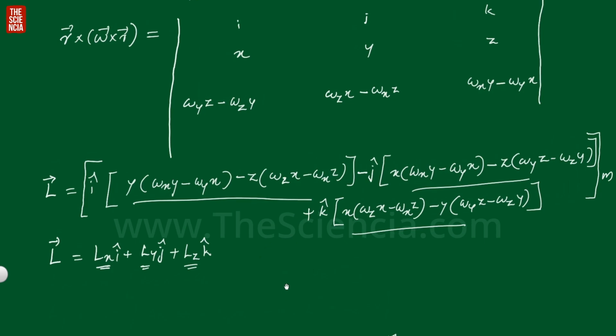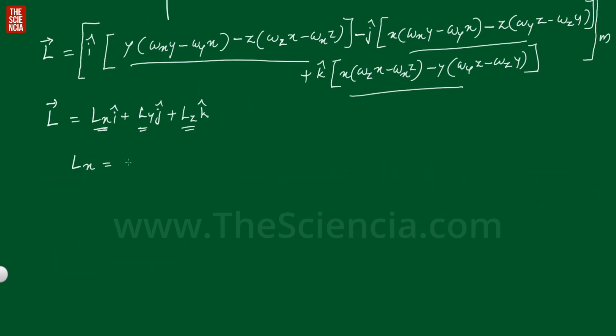So we can write Lx equal to m into the first term, that is y into omega x y square minus omega y xy minus omega z zx plus omega x z square.